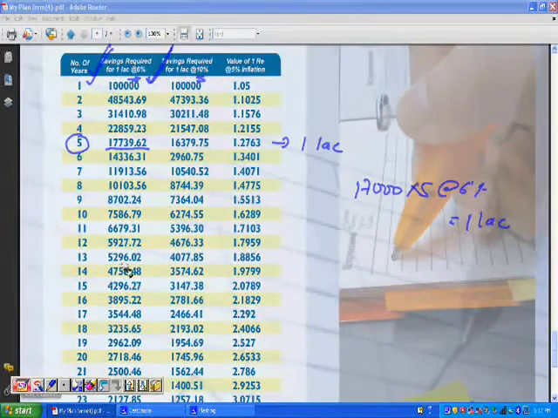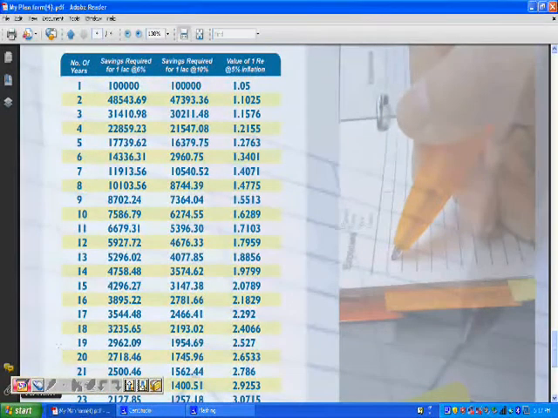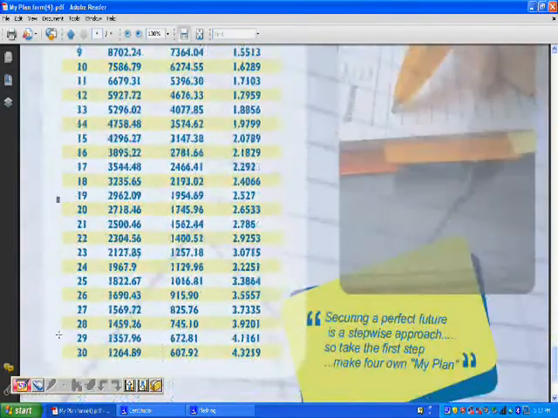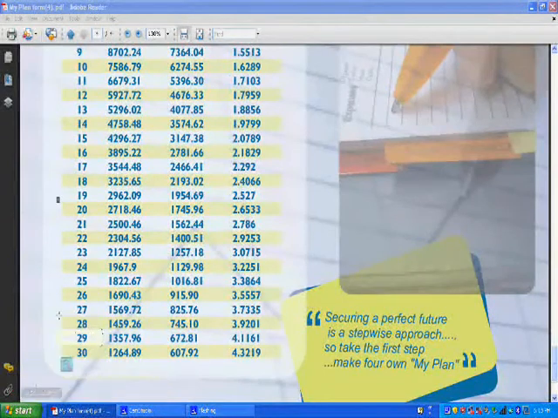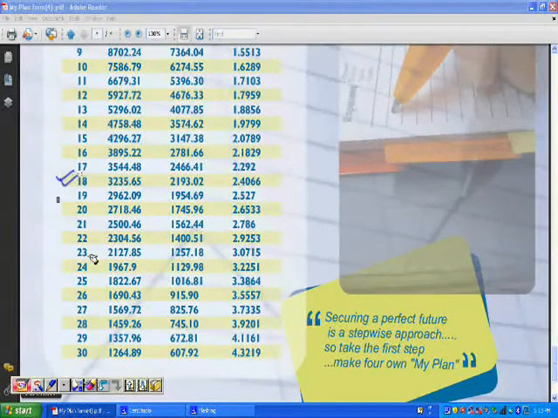Now in our case, we are looking at again an 18-year period and a 23-year period.